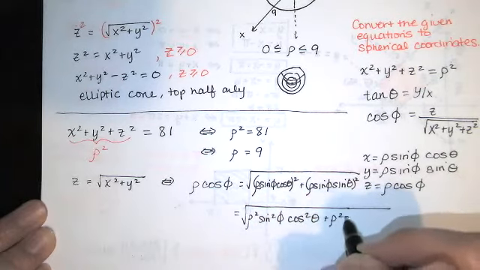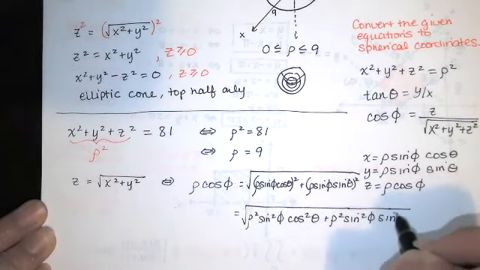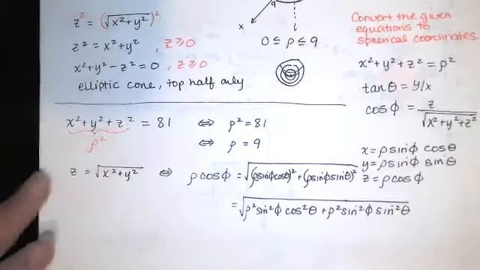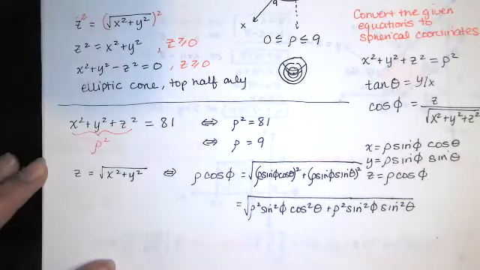And then we've got rho squared sine squared phi sine squared theta. And if you're looking at this thinking that's a mess, you're absolutely right. But we've got trig functions. We've got sines and cosines everywhere. So there are probably going to be some nice simplifications. Turns out there are.